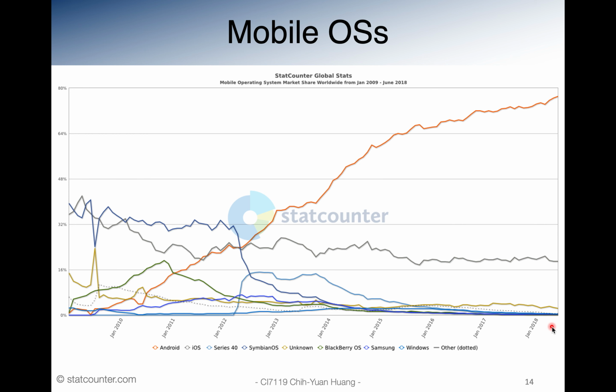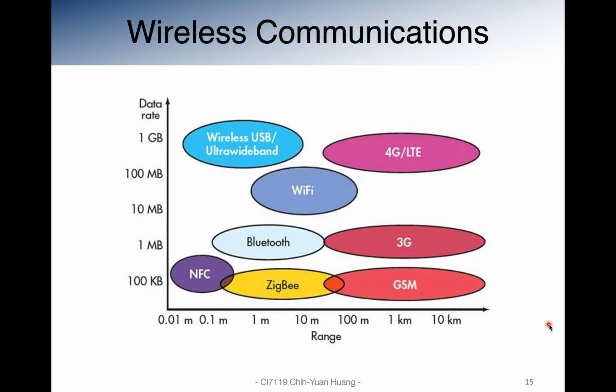Like I said, it may not be a very healthy situation for mobile operating systems. So that's the current situation, and we can discuss the market share of mobile operating systems in the class.